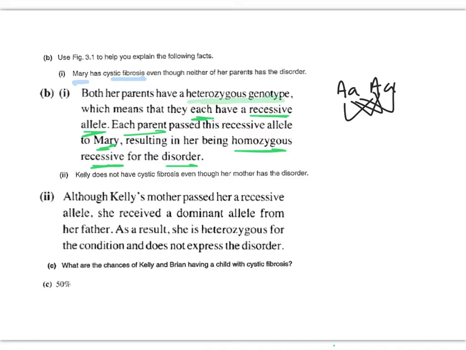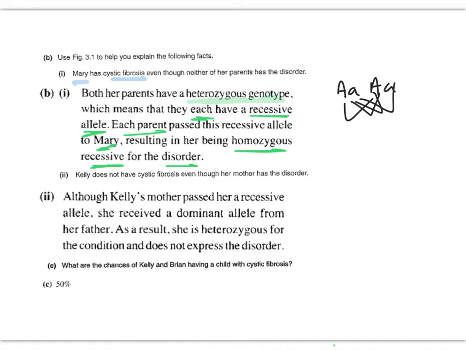It can be either big A, big A, or big A, small a. We won't know. Mary is definitely small a, small a. So, there are possible scenarios whereby Kelly is either a... No, cannot. Kelly can never be small a, small a.